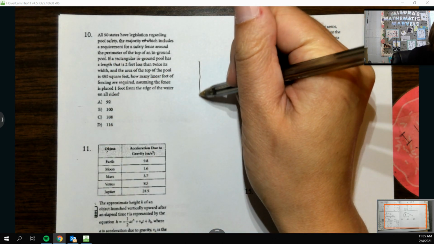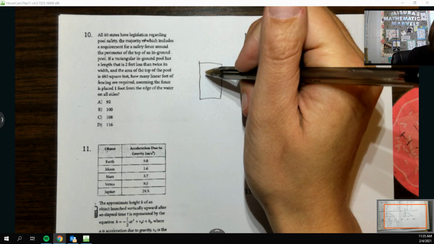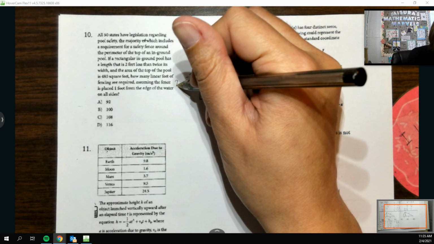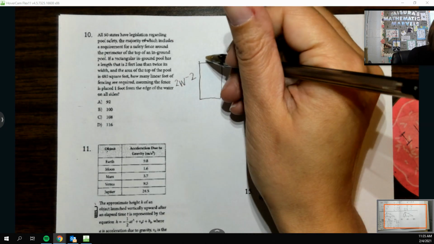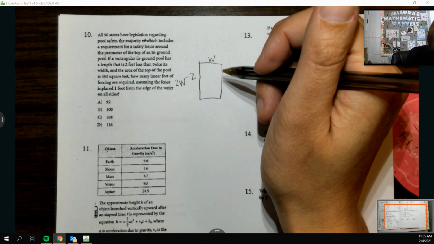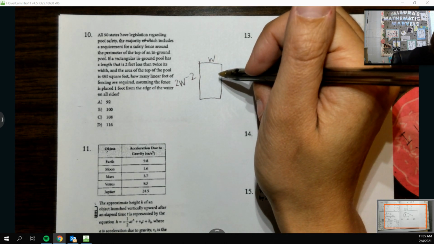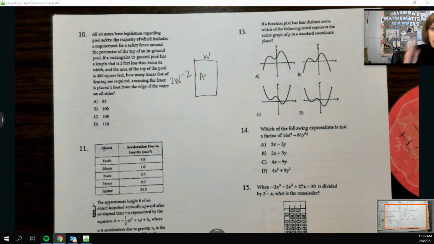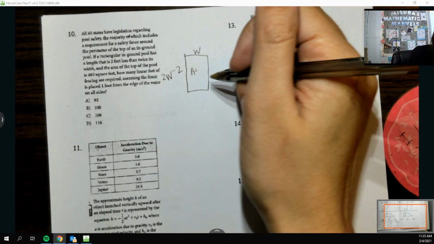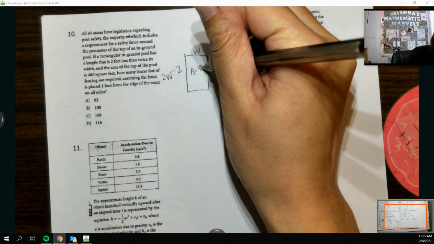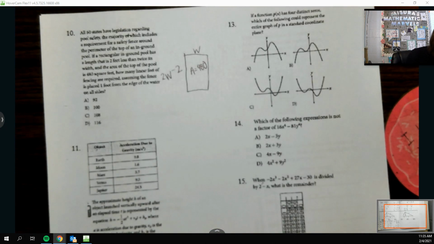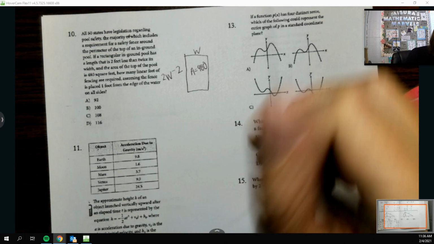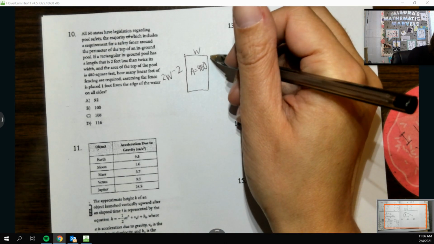If a rectangular in-ground pool has a length that is 2 feet less than twice its width, and the area of the top of the pool, just the top, so how much space it covers just on the top, is 480 square feet, how many linear feet of fencing are required, assuming that the fence is placed 1 foot from the edge of the water on all sides?